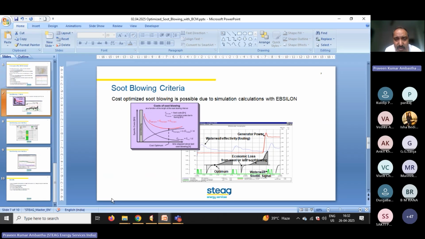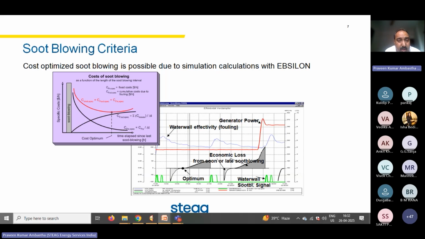And then we see that if we don't do the soot blowing, then definitely my soot blowing cost will be less. Sorry, just a moment. Yeah, so if I don't do it, I have only a fixed cost.